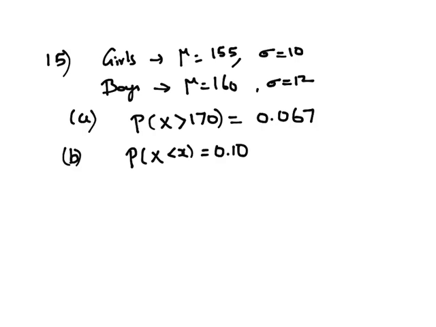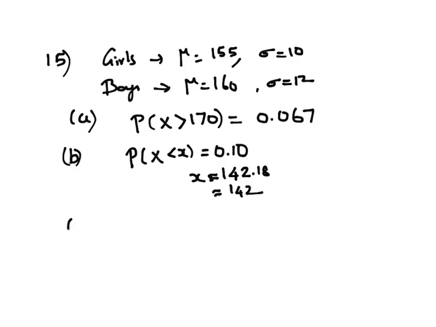So go to distribution normal, inverse normal. Left area is 0.1. Sigma is 10 and mu is 155. So x is 142.18. So 142 if correct to three significant figures.